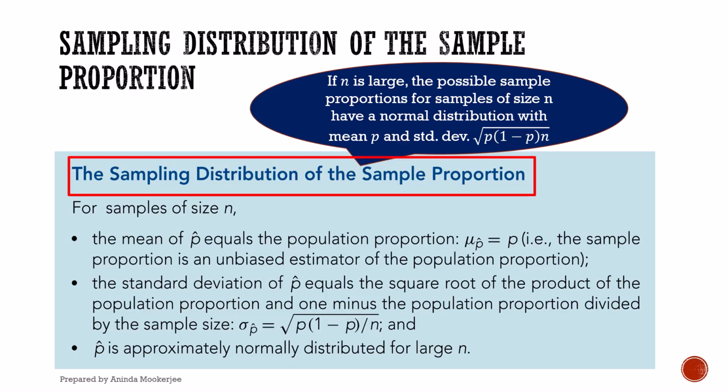It means that if we were to collect all the different possible samples from the population and find the mean of all the sample proportions, then what would the distribution look like? What would the mean be? What would the standard deviation be?